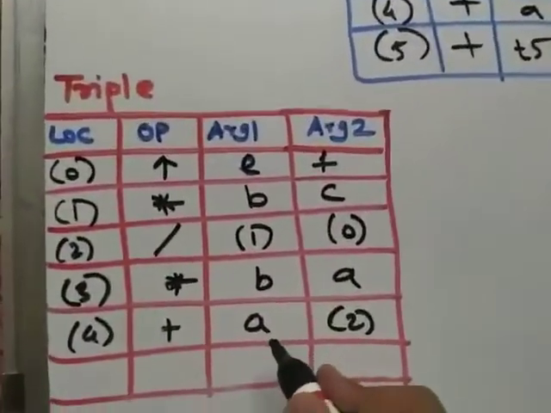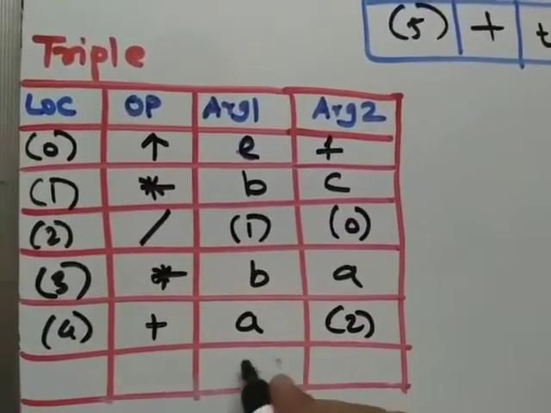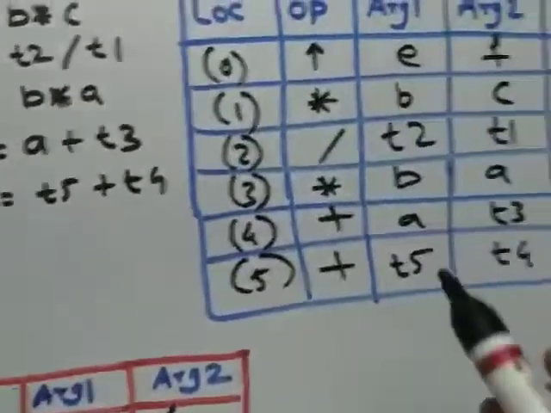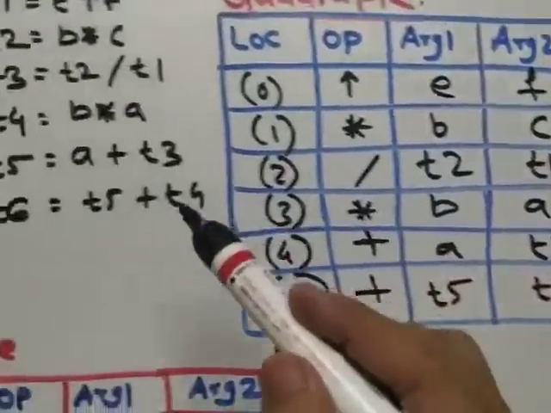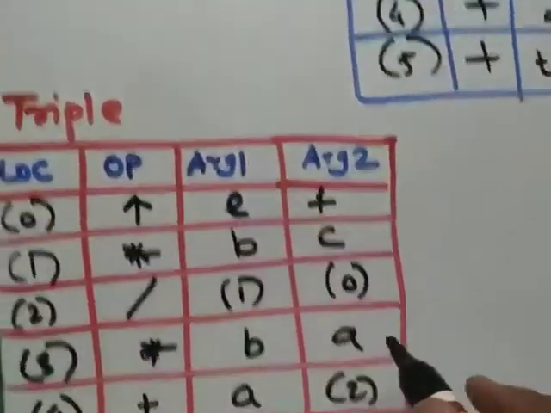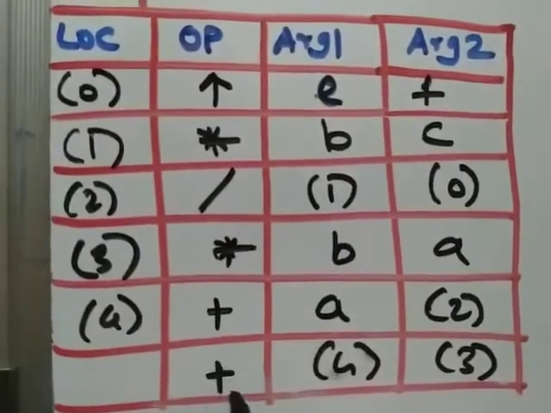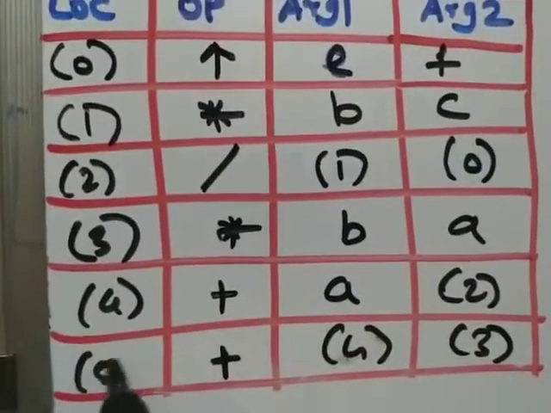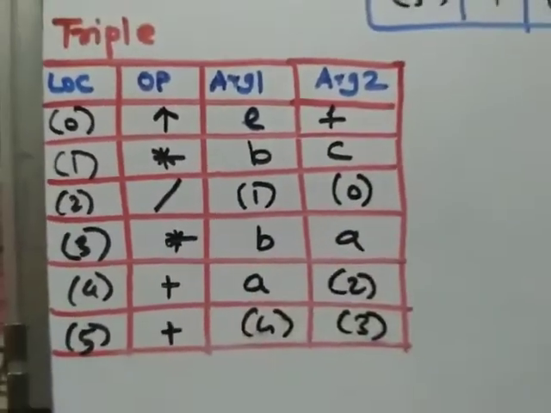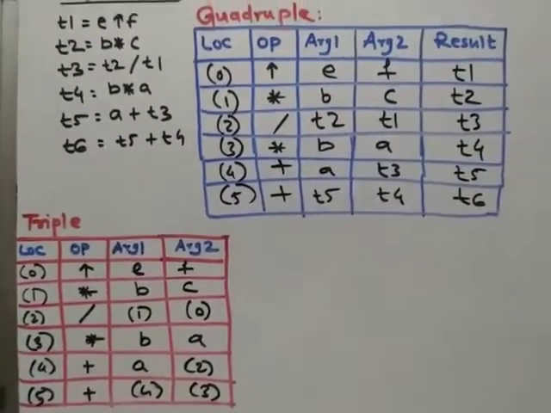So for t5, write down 4. t4 is represented at 3. And plus is the operator on them, and it will be stored at 5. So this is how triple can be represented for the given 3 address code.